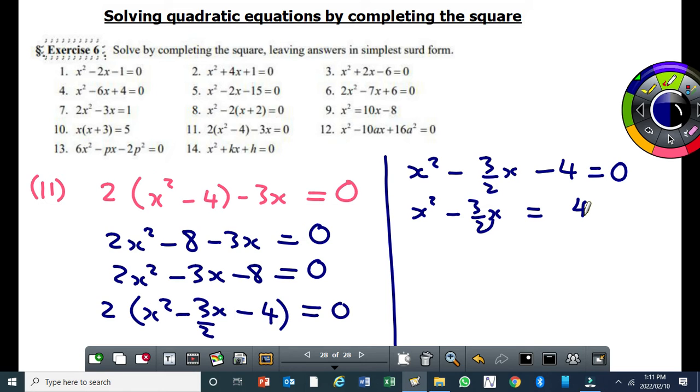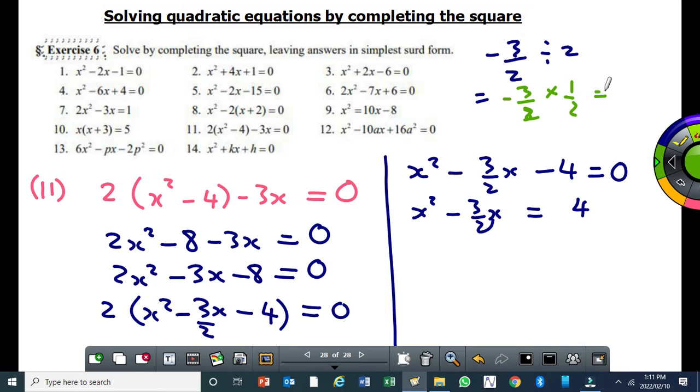So that's half of minus 3 over 2, which is minus 3 over 2 times 1 over 2. So you get minus 3 over 4.